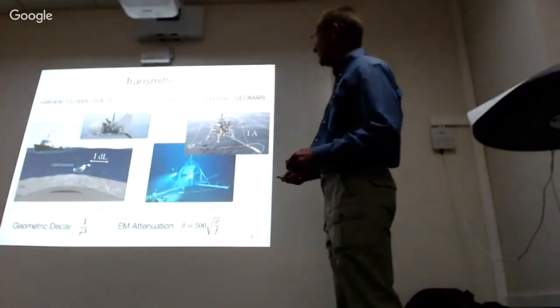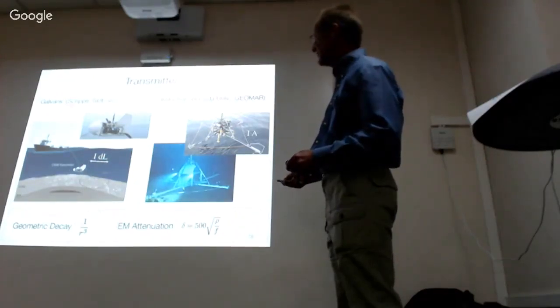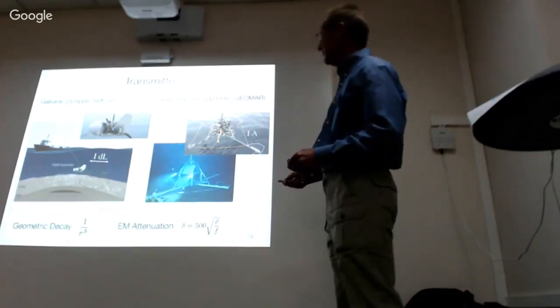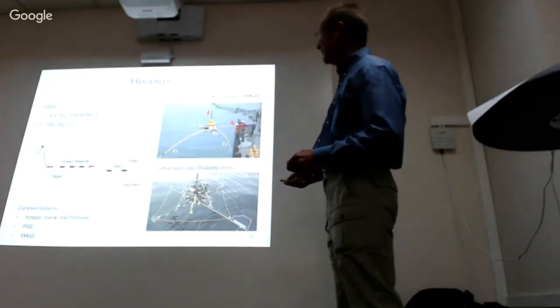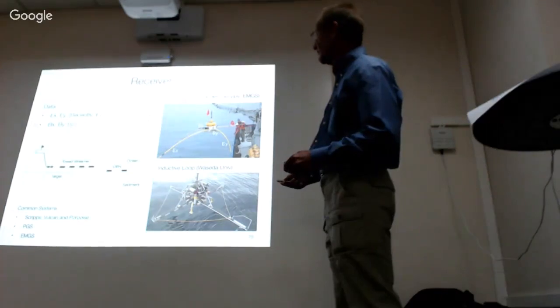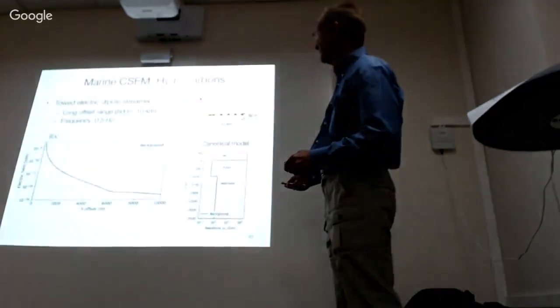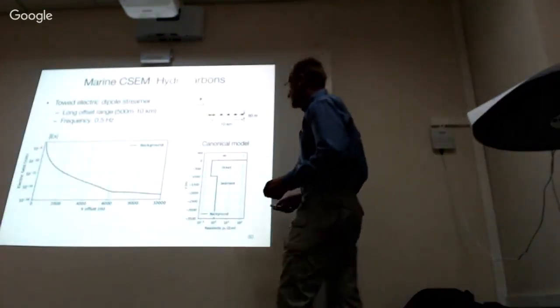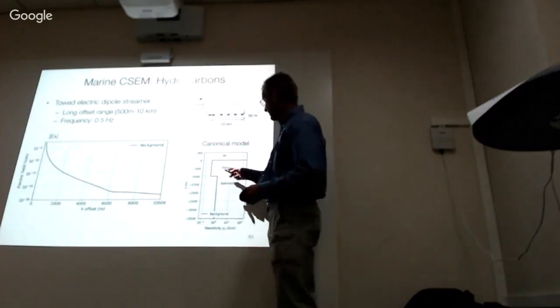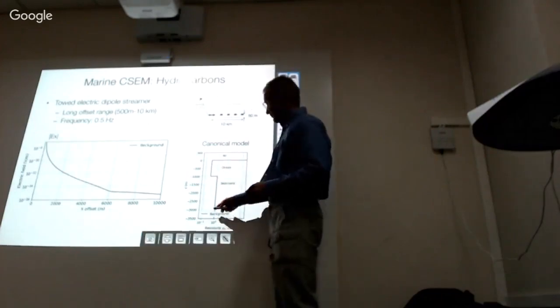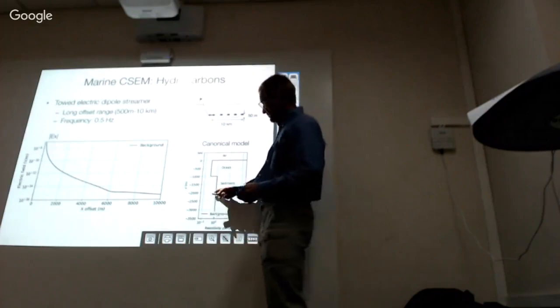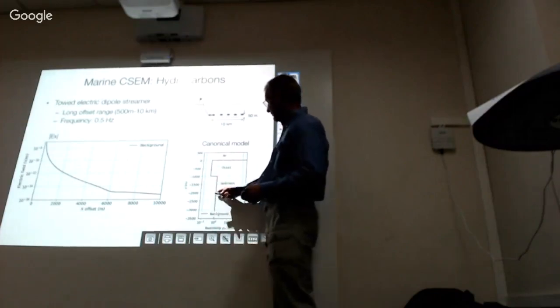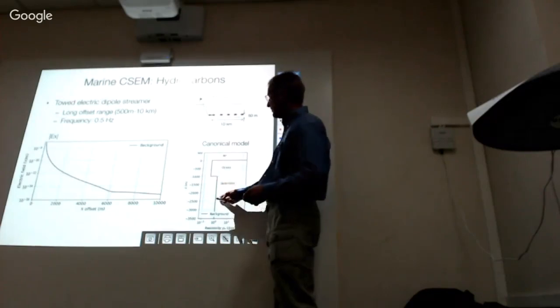So here was the type of transmitter. You're just pulling it. Here's your generator, and here's your electrodes. Now you're going to tow this over your target, and see if you can see something. Here is the background resistivity that doesn't have a hydrocarbon layer in. So we've got the air, the ocean, and the sediment.